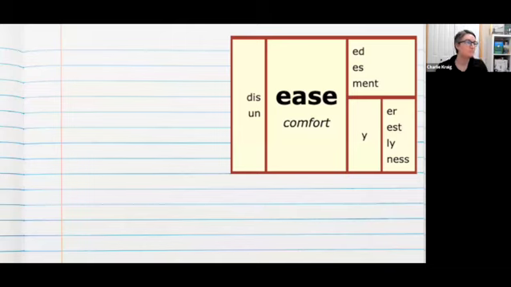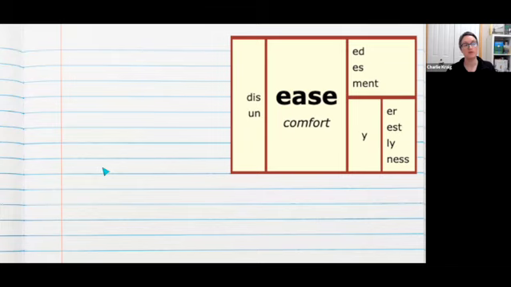So I present to you here a word matrix for the base word EASE, ease, with a definition or root in comfort. What I would like for you to do, anyone who is able, I invite you to build some word sums using this matrix to see what kind of words we can build that would fit in the EASE, ease family.